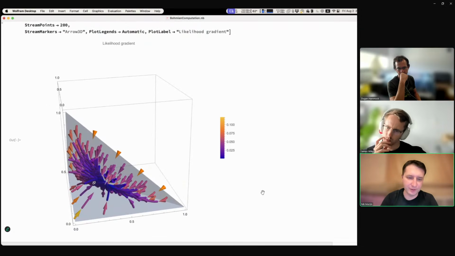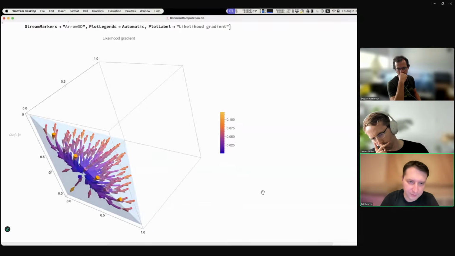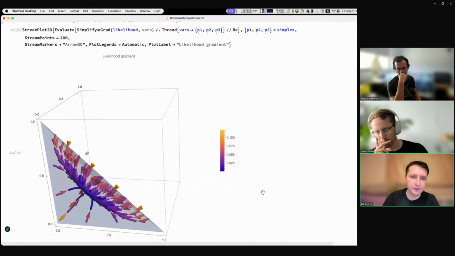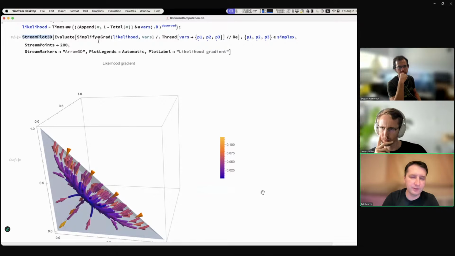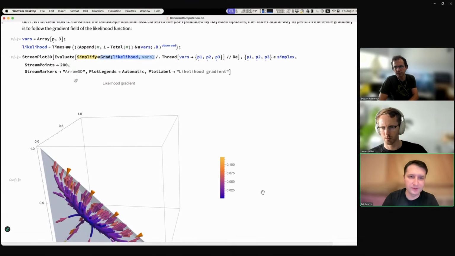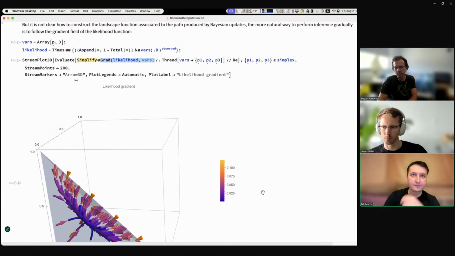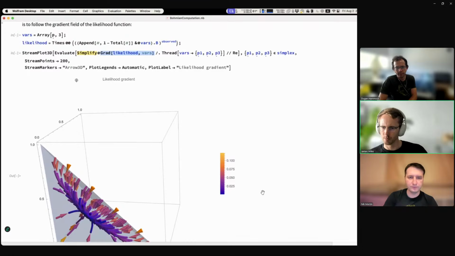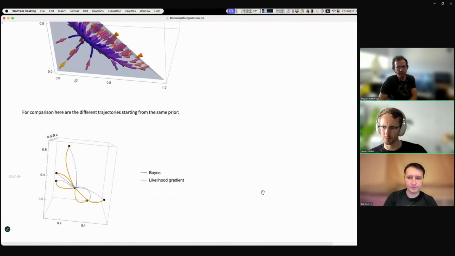The beginnings of the arrows are sampled uniformly or something like that across the region. This is just a 3D plot, so if you know the form of the likelihood, you take the gradient and plot it using vectors. Got it. Very cool.